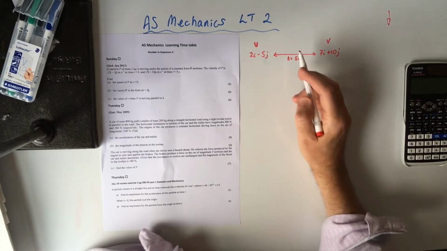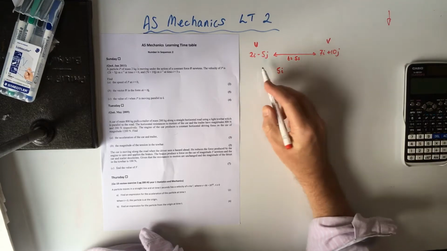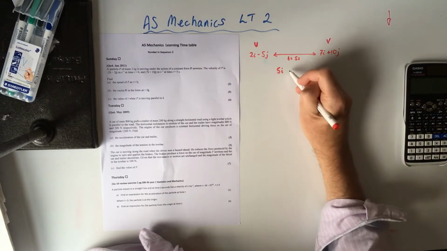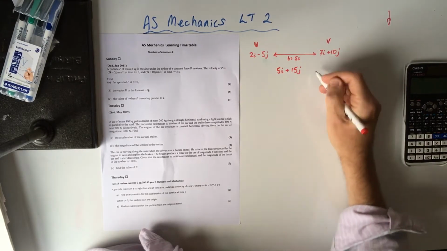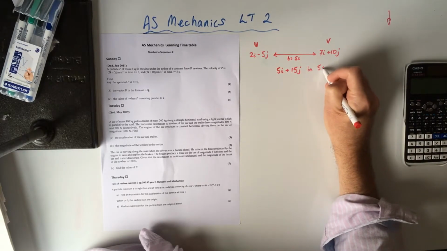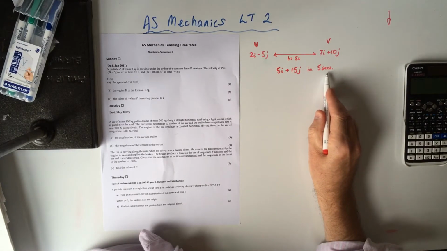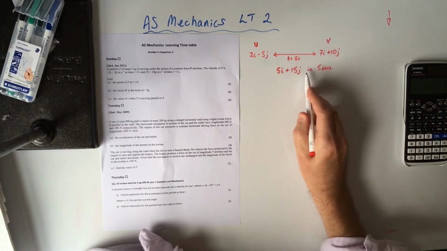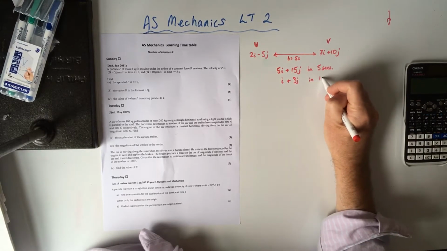So 2i to 7i is changed by 5i, minus 5 to 10j is 15j, isn't it? It's changed by that in 5 seconds. So if we divide that by 5, we get i plus 3j in 1 second.